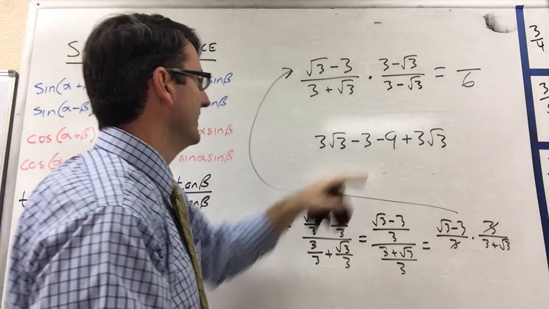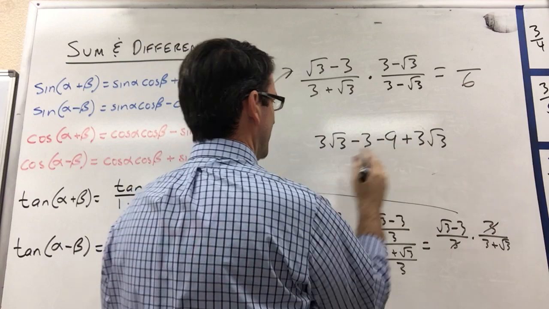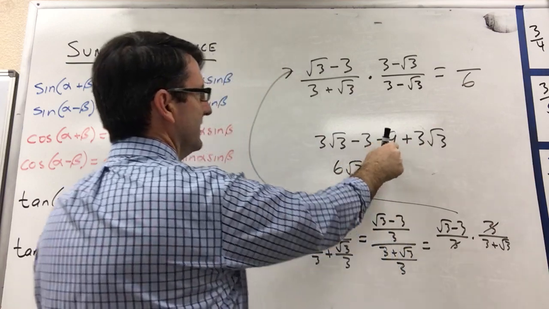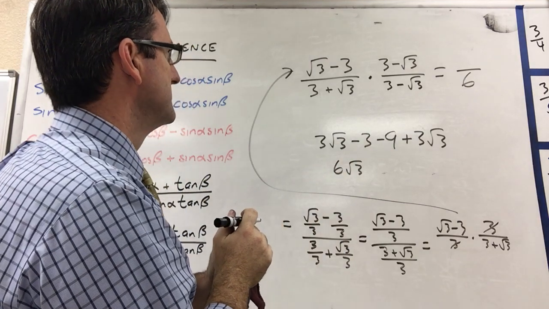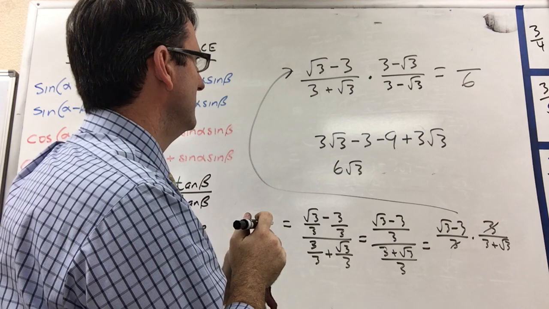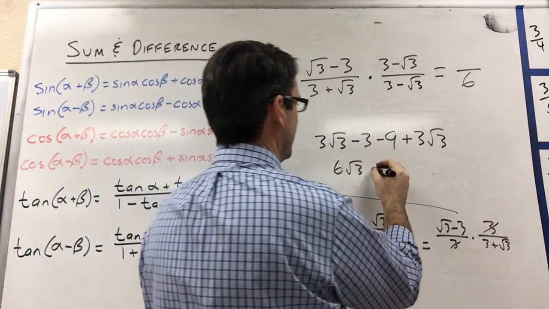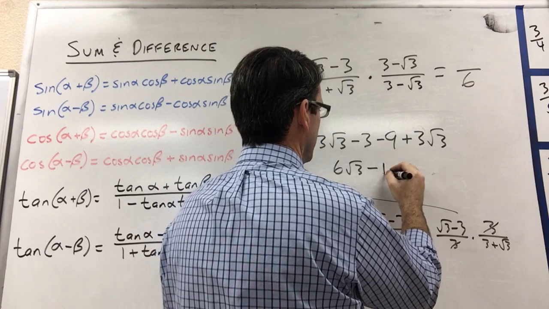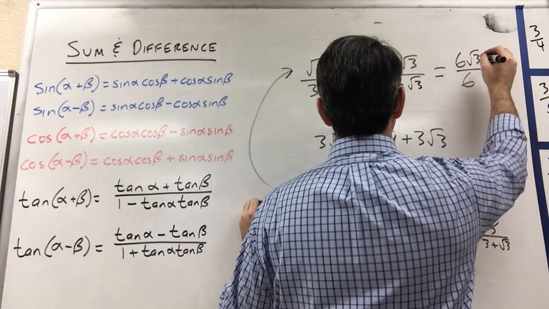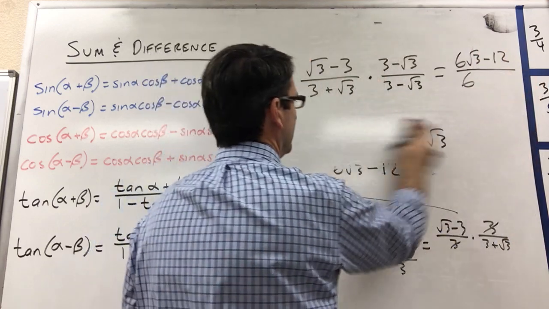All right, so what we get on the top is these two will add to 6 square root of 3, negative 3 minus 9 is going to be negative 12. So what we get up here is 6 square root of 3 minus 12 all over 6.